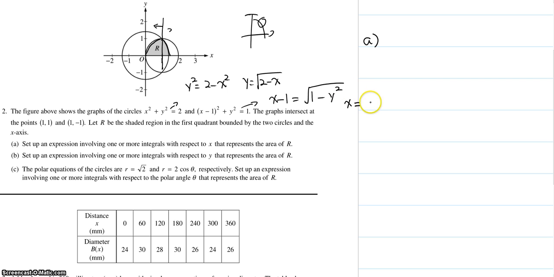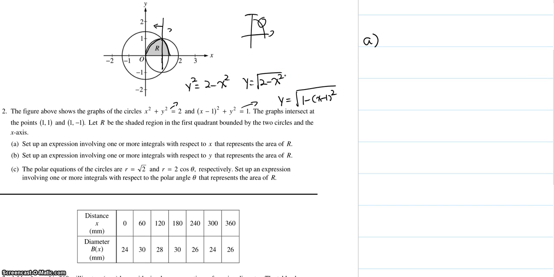Oops, see how I made a mistake. You're supposed to write this in terms of y, so you're supposed to do it by y. So y equals the square root of 1 minus (x minus 1) squared. Whoops, here it's 2 minus x squared.